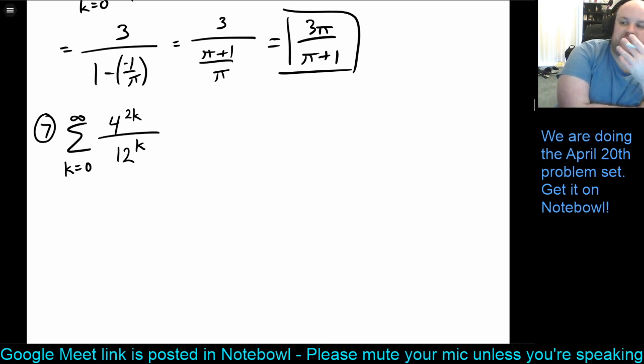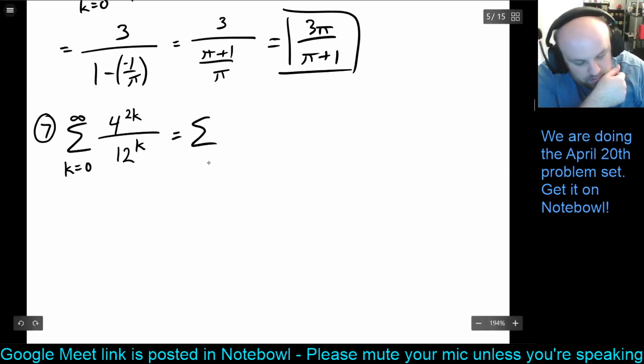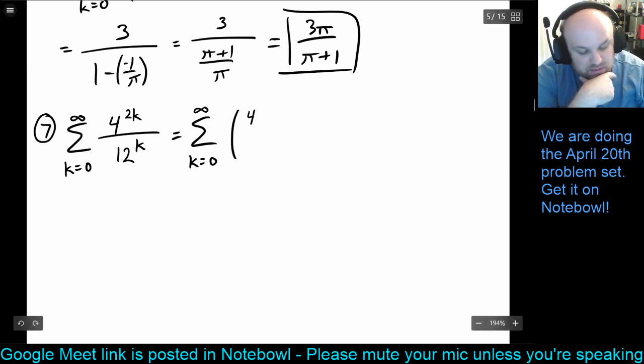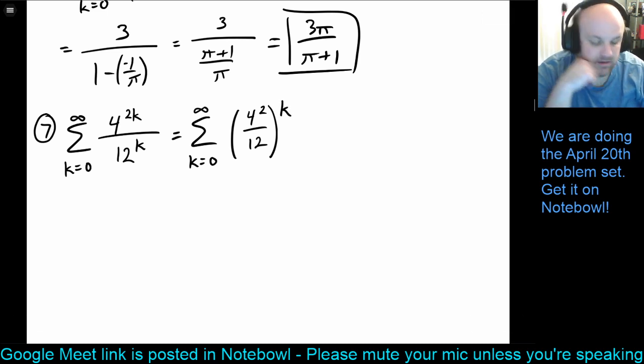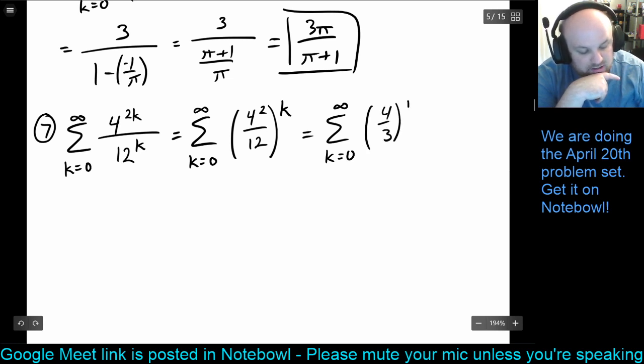So again, this is a geometric series. And here, I need to pull out the kth power. So when I pull it out, I'm going to get this. Right? And simplify this however you so wish. But inside, we're going to have 4/3 to the k.